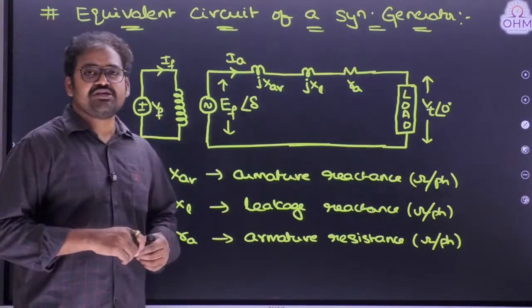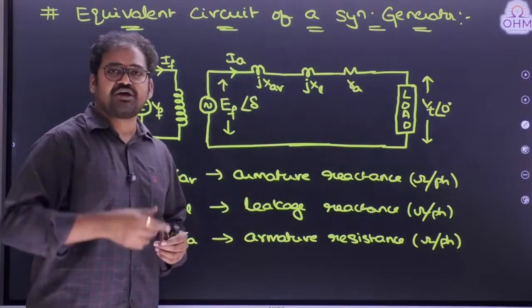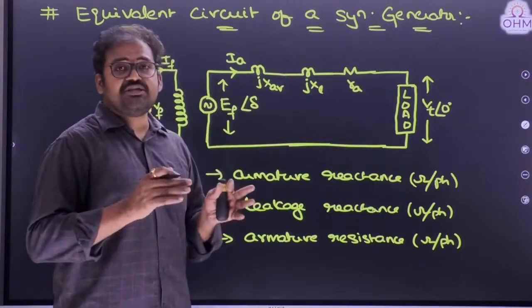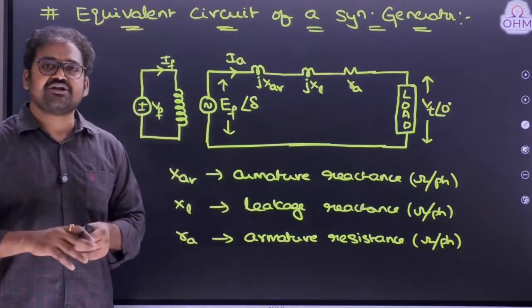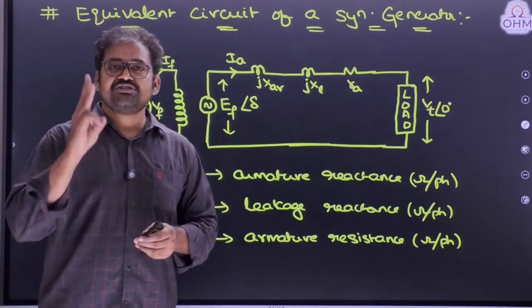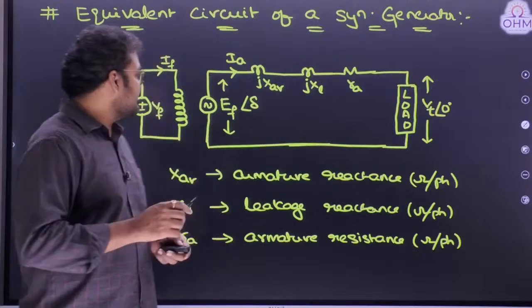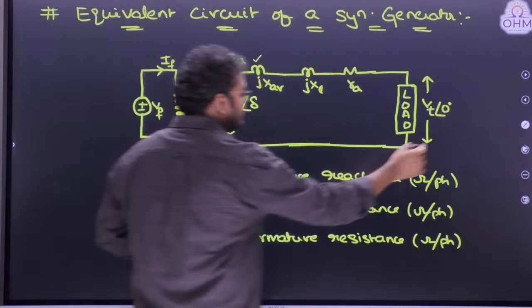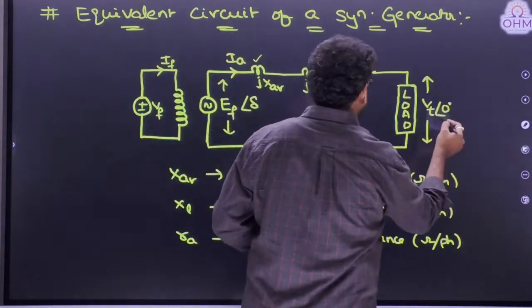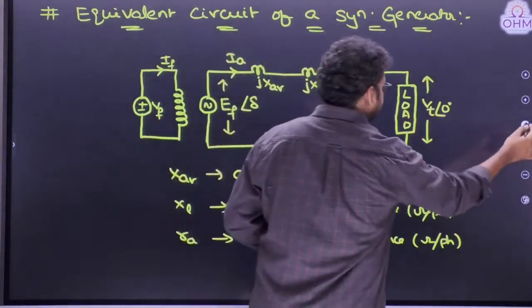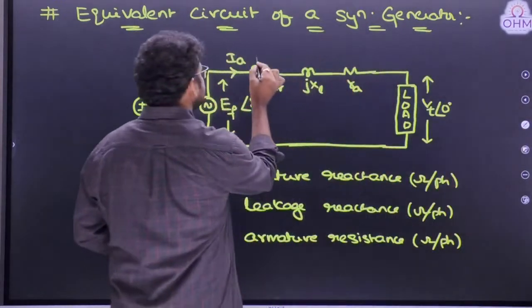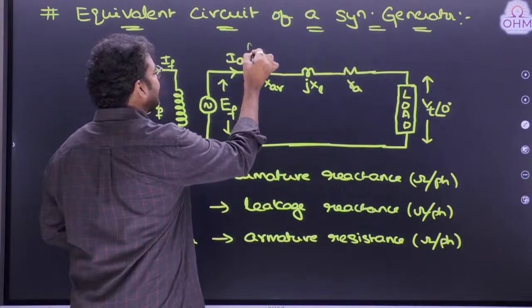We have to develop the equivalent circuit in a step-by-step manner, but I am directly drawing here. To develop the equivalent circuit of a synchronous generator, we have to consider 3 important effects. First one is armature reaction effect.